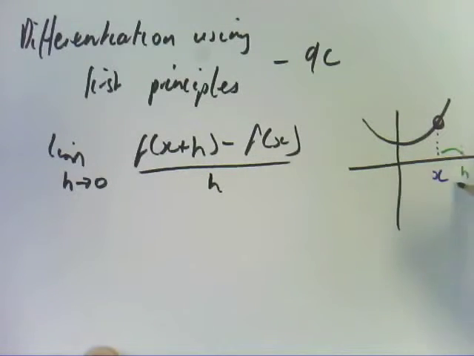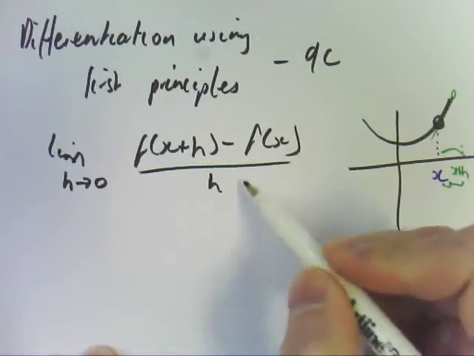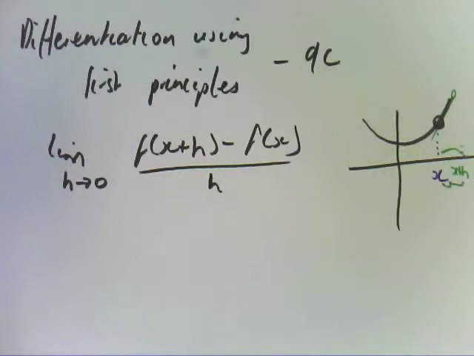So that's x plus h. That puts us here. And that'll give us a line. And as we shrink this gap by making h approach 0, we actually get closer and closer and closer to the true tangent at that point. That's what this process is about.